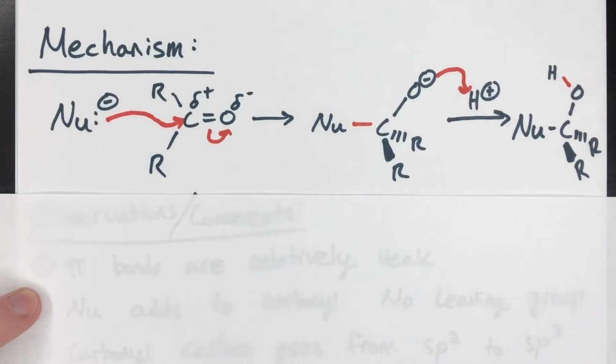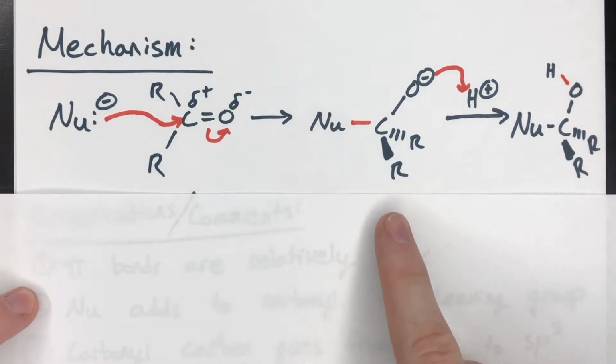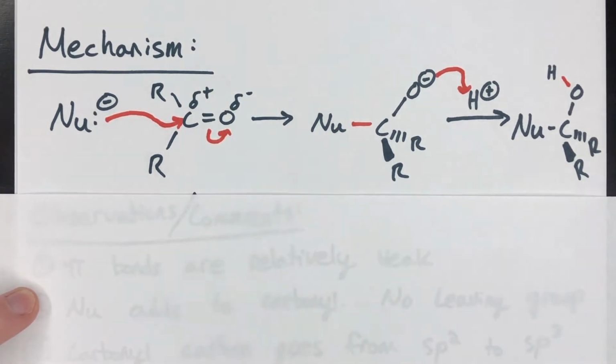But let's say they're different, then there's no preference on if the nucleophile will approach from the bottom face or the top face, which means that this intermediate is going to be racemic. You're going to have a 50-50 mixture of both enantiomers. So in that case, you're still having an achiral mixture at the end, even though you have chiral species within that. And again, this is due to the fact that the carbonyl is planar to begin with, so there's no preference on which face the nucleophile can approach.